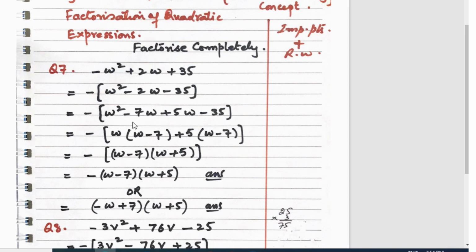Otherwise, if you put a wrong sign over here, plus over here and minus over here, you will get plus 2 from these two, and this is not what we need. So until you get your term minus 2w back with the help of these two components, by adding or subtracting them, don't go further.